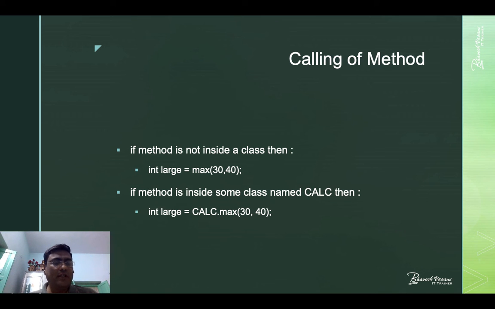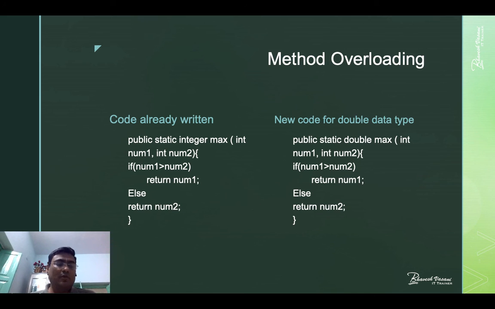Over here I have used the integer keyword, which means whatever data is assigned to the variable named large will be in integer format. But if I write double here, what will happen? At that time the computer will say that this method returns a value in a double data type.